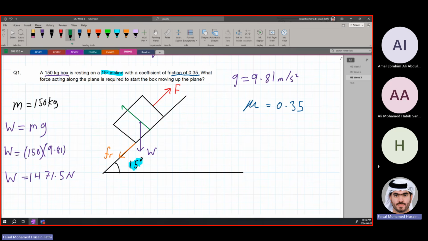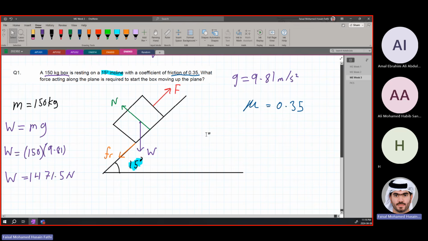Okay? This is our normal force. Now, here we are just assuming the direction of the forces. The only thing we know exactly is the normal force. It is surely going to be perpendicular in that direction, and we know that the weight is going to be straight down. So we are confident of these two forces.